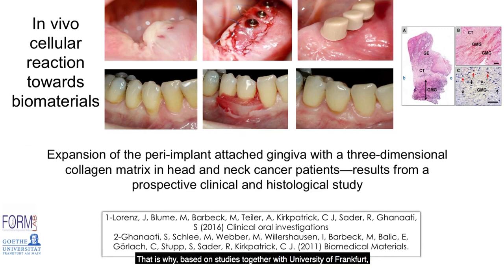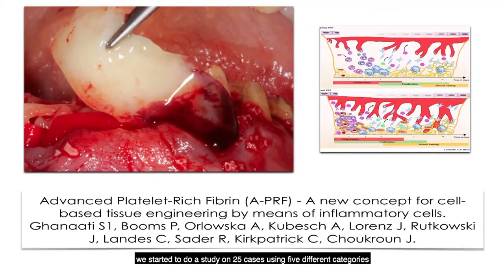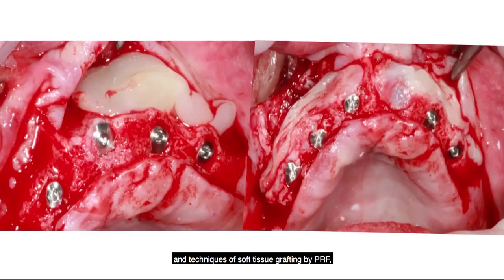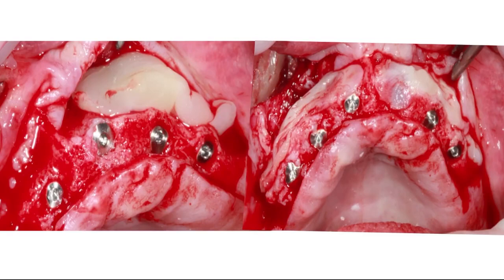That is why, based on studies together with the University of Frankfurt, Goethe University, and Professor Ganati, we started a study on 25 cases using 5 different categories and techniques of soft tissue grafting: PRF and 2 other matrices on the market, which are proven to increase the soft tissue quality.